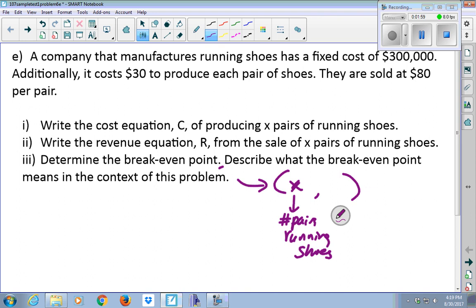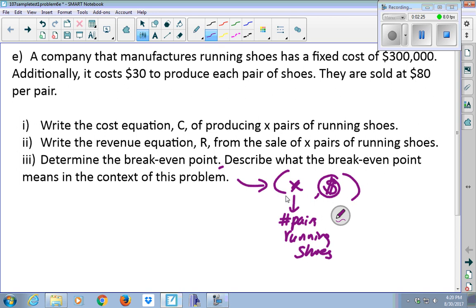And the second coordinate, what you typically call y, is going to be both the cost and the revenue to produce and sell this many pairs of shoes. So we're looking for 2 values here, not just one. All right, so let's take a look.